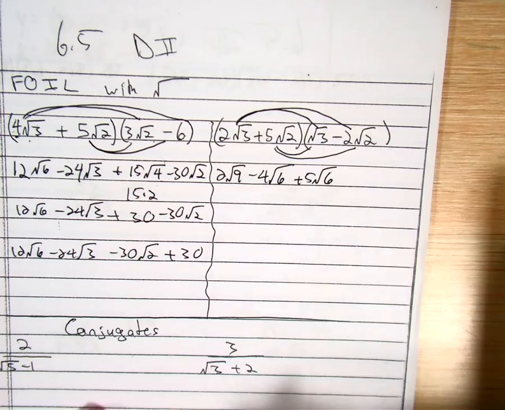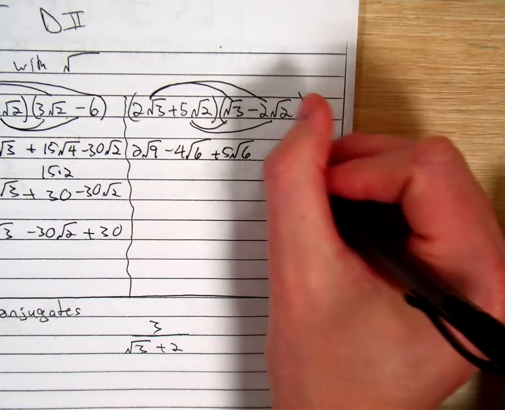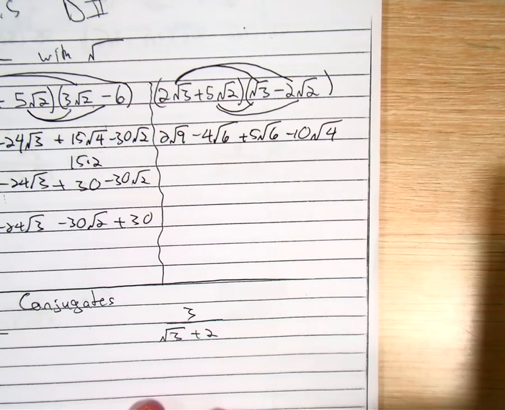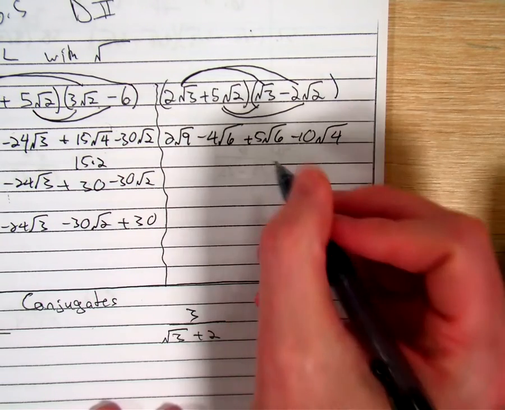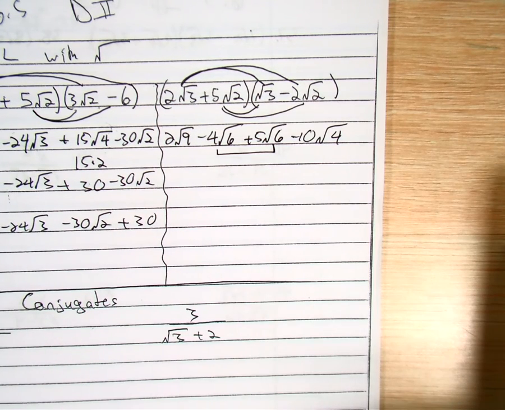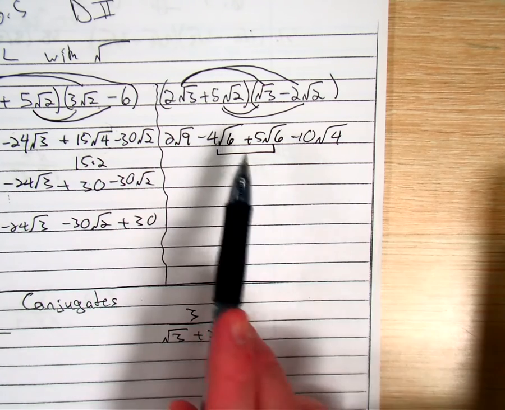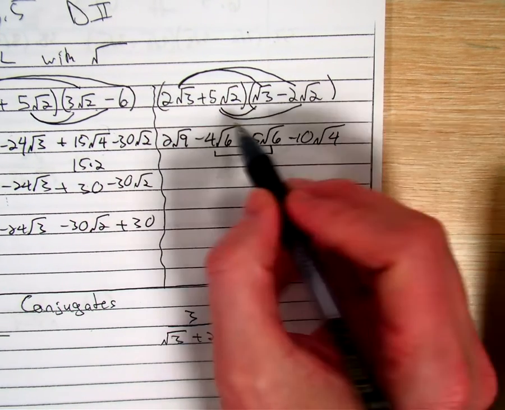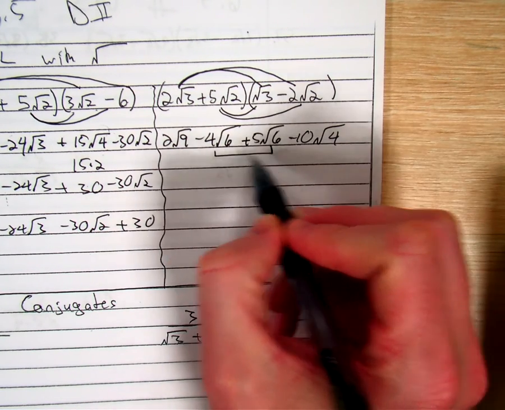And 5 radical 2 and negative 2 radical 2 is minus 10 radical 4. So these have the same radical: negative 4 radical 6 and 5 radical 6. That's like having a negative 4x and a 5x. You can put those together, and that should just be one x in the middle there.